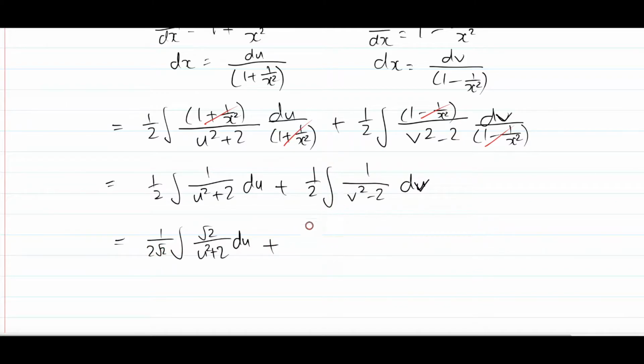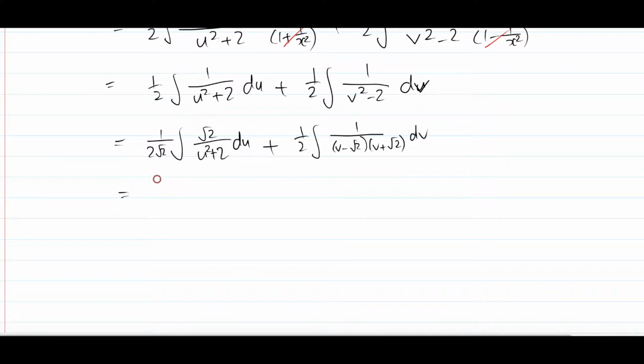On the v side, it's actually not a tan inverse because you have a minus. So this one is slightly different, and it's pretty much your partial fraction. a squared minus b squared, so that's v minus root 2, v plus root 2 dv. That's 1 over 2 root 2. It's tan inverse of u on root 2 plus half.